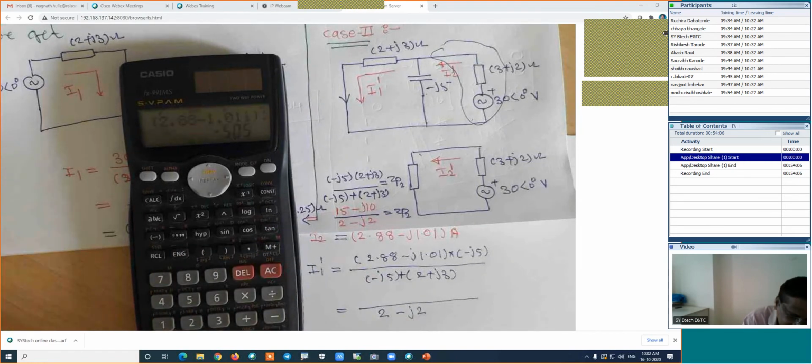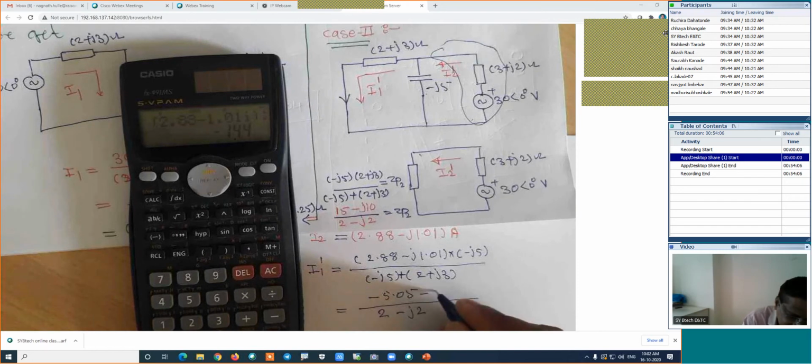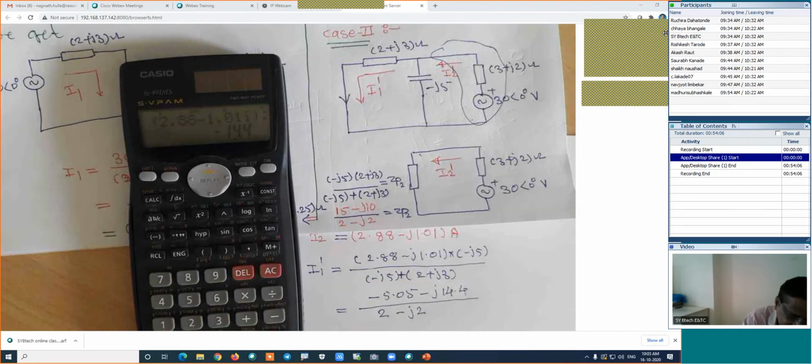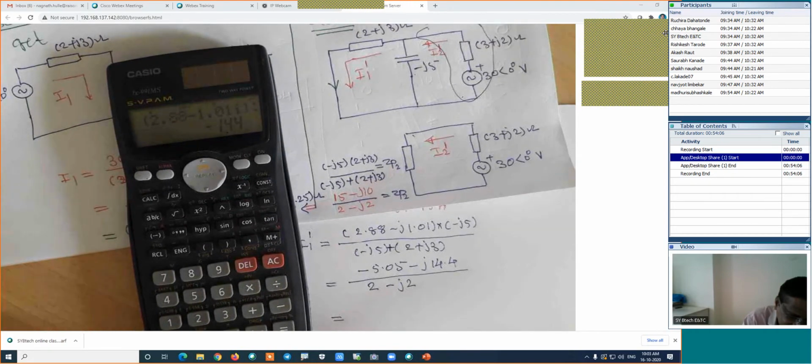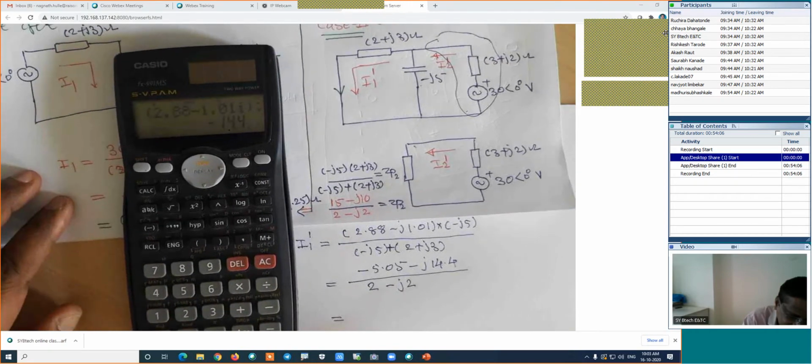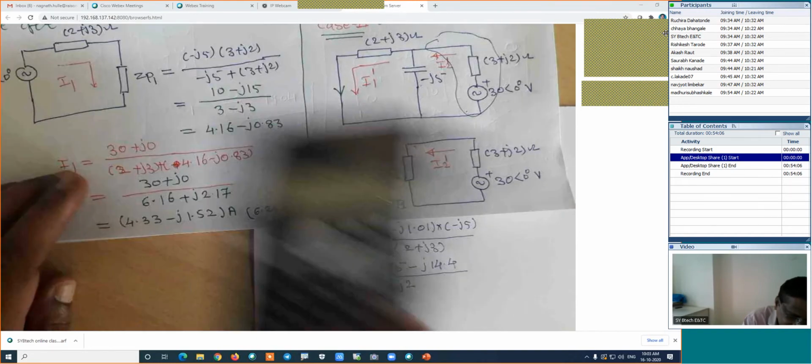This is minus 5.05 is the real part, and shift and equal to, this minus j14.4 is that particular part.